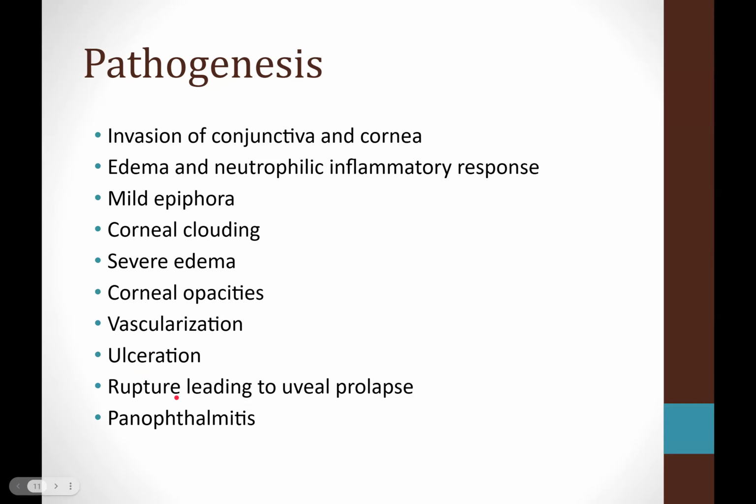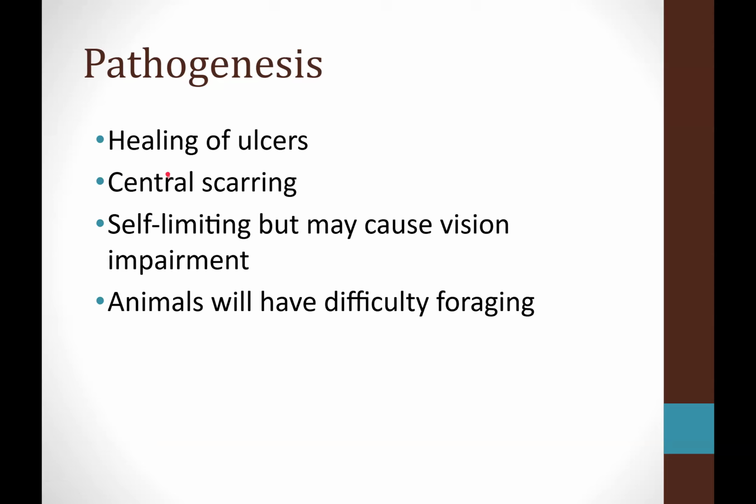And then it could lead to uveal prolapse, and the entire eye can become inflamed, causing what is known as panophthalmitis. But the bacteria is known to be self-limiting, so it will heal eventually. So the ulcer will heal.